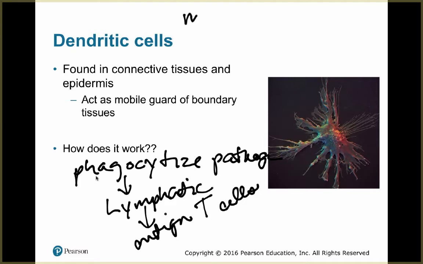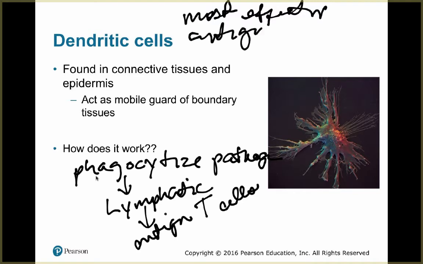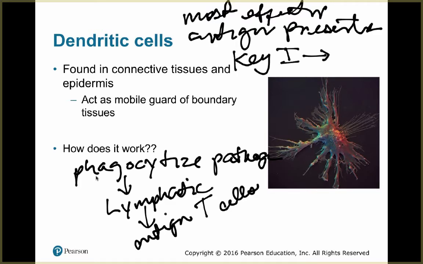This is the most effective antigen presenter. If you could have any antigen presenter in your world, it would be a dendritic cell. And this guy is the key link between innate and adaptive immunity.